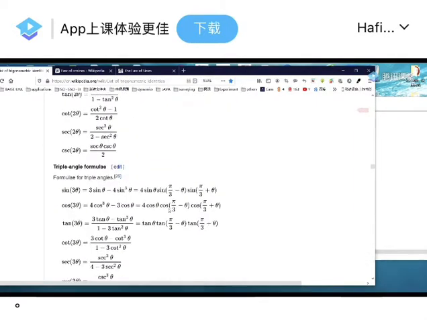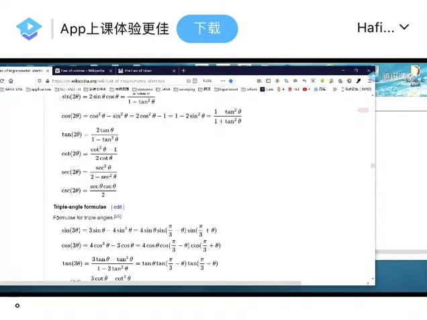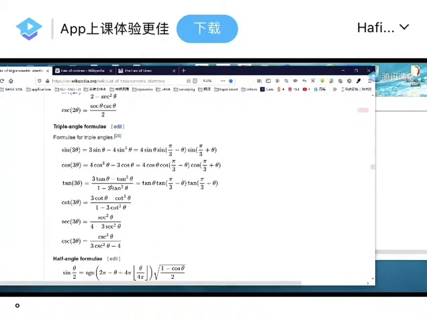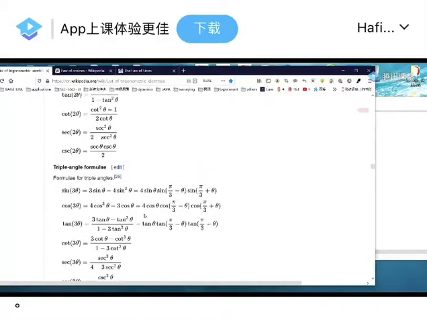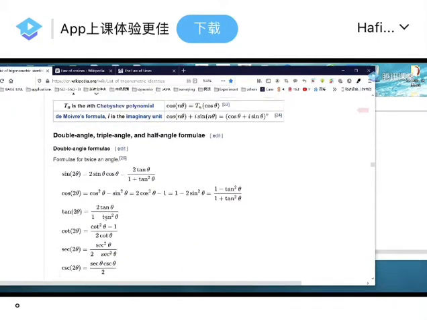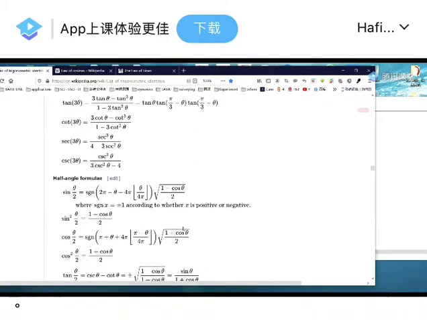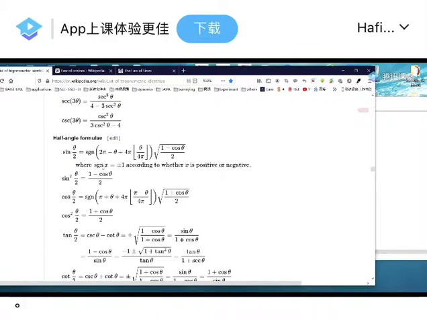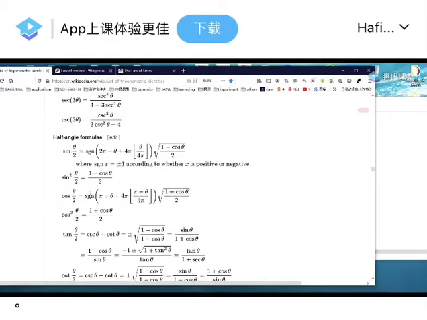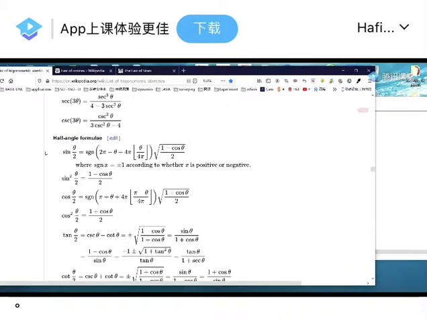For the triple angle, very few people use it. Normally it's the double angle. And for the half angle, from time to time in your surveying you also need it.